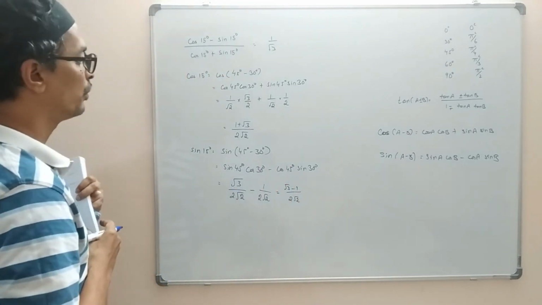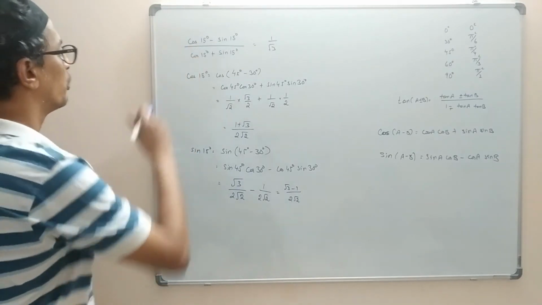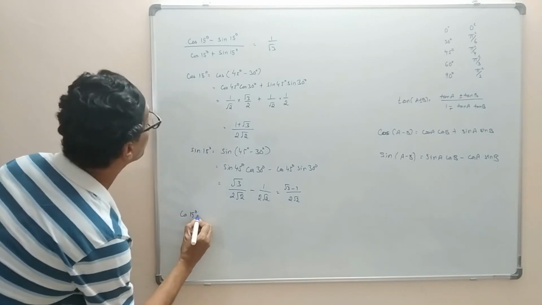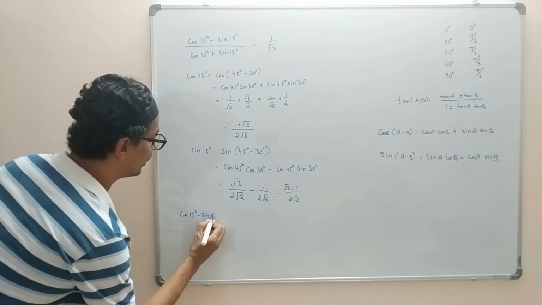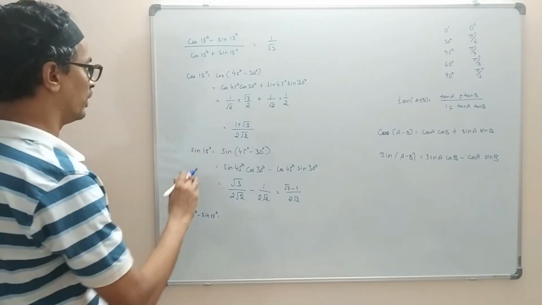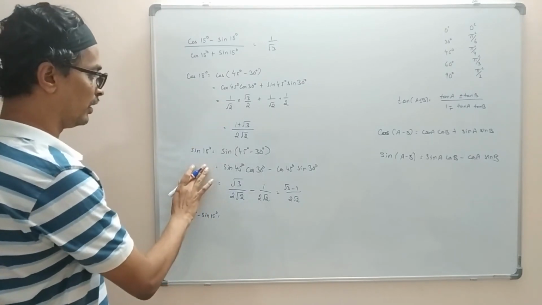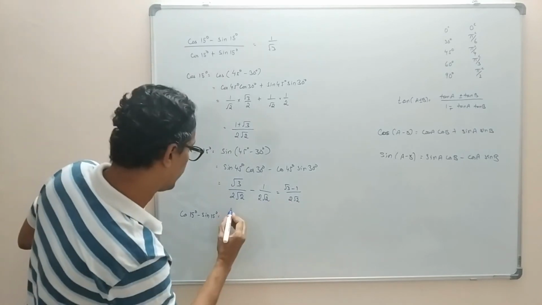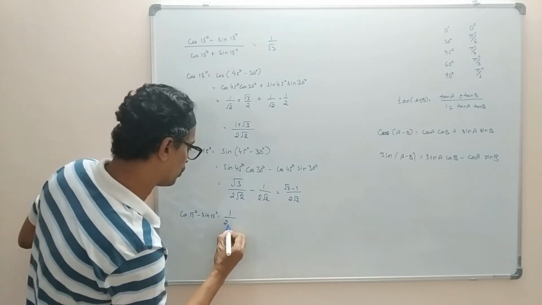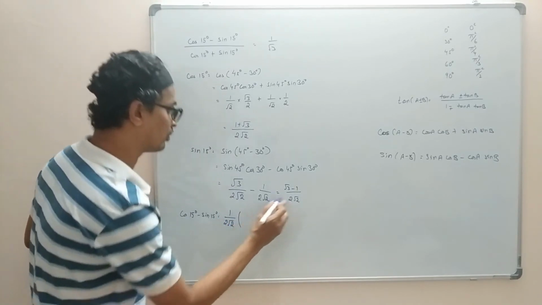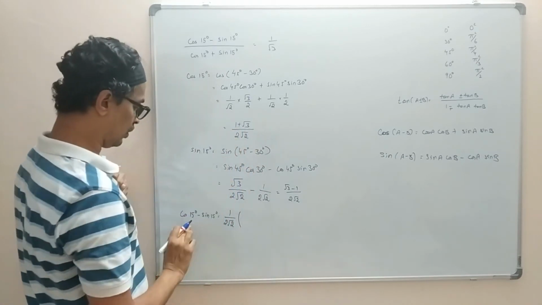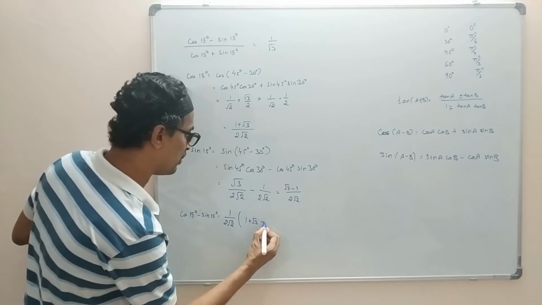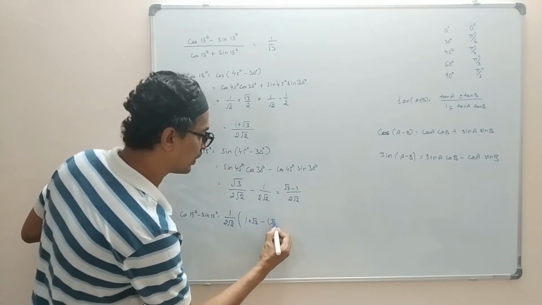Okay, so let us take the top one. Cos 15 degree minus sine 15 degree equal to what? 1 by 2 root of 2 is going to be common, so I will take it out. Then what I am going to have is 1 plus root of 3 minus, root of 3 minus 1.